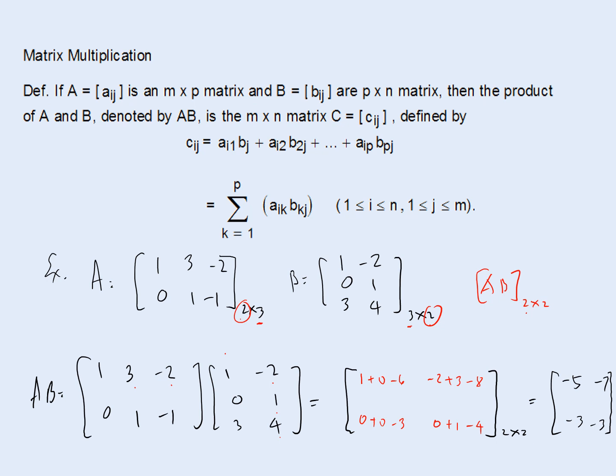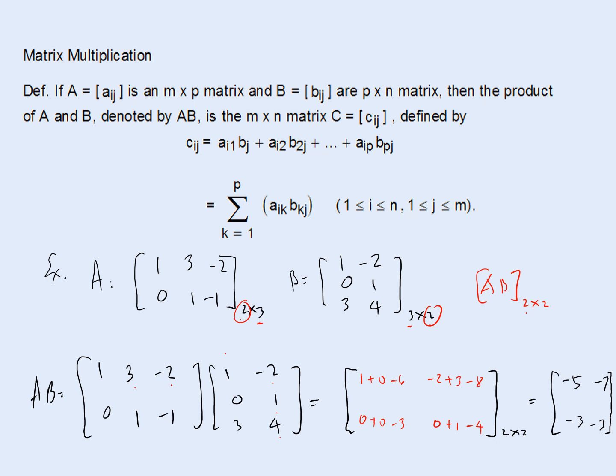The second element of the first row will be the sum of the products of the first row of A and the second column of B. So you start with the first row, multiply it correspondingly to the elements of the first, second, up to the last column of B. Once you are done with that, you proceed to the next row of A. Again, multiply the elements correspondingly to each and every column of B, thus generating the elements of the second row of the resulting matrix.